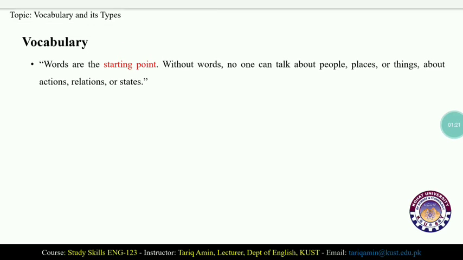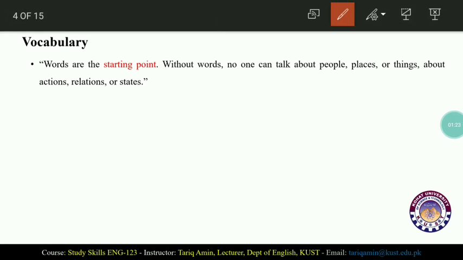Words are the starting point. Without words, no one can talk about people, places, things, and about actions, relations, or states. This is a very important point, that words are the starting point.